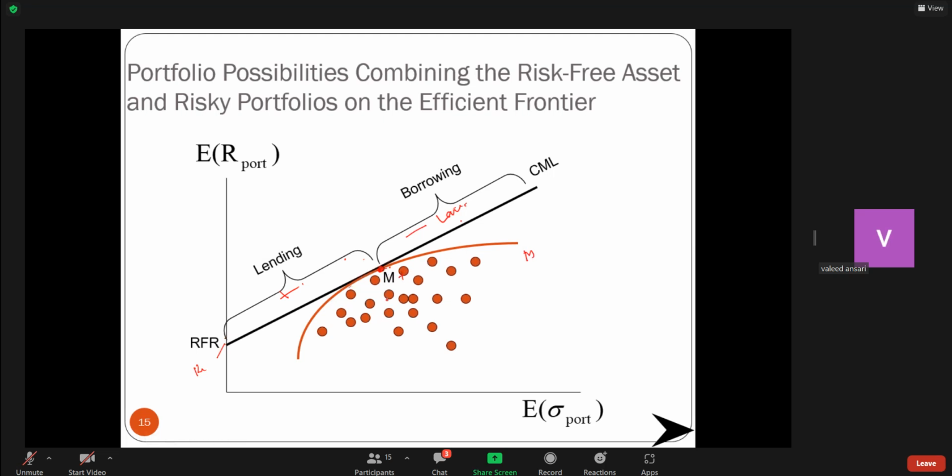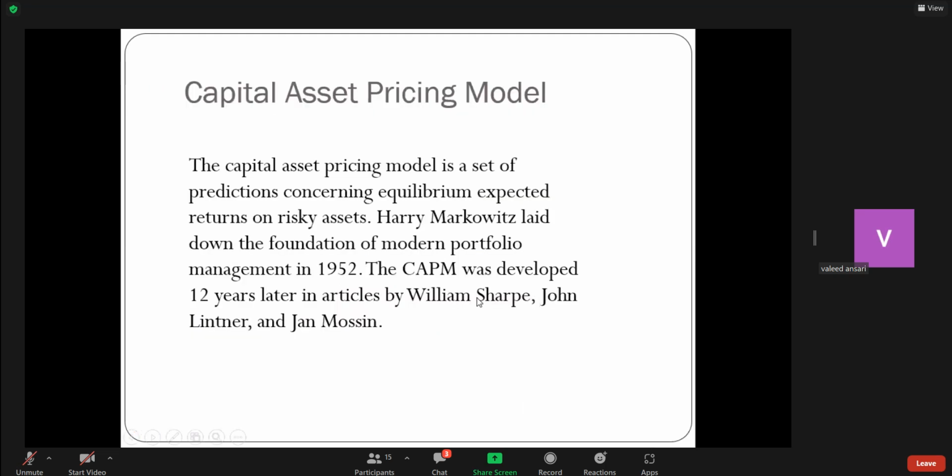So various possibilities when only risky assets were there were like this, and this was the line which dominated all portfolios. Combined with risk-free, this becomes the CML. On the vertical axis is the portfolio return, and on the horizontal axis the portfolio risk. So this was used by William Sharpe to develop his model, the capital asset pricing model.